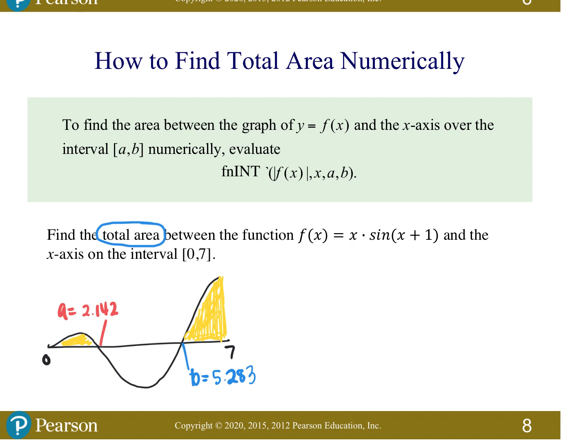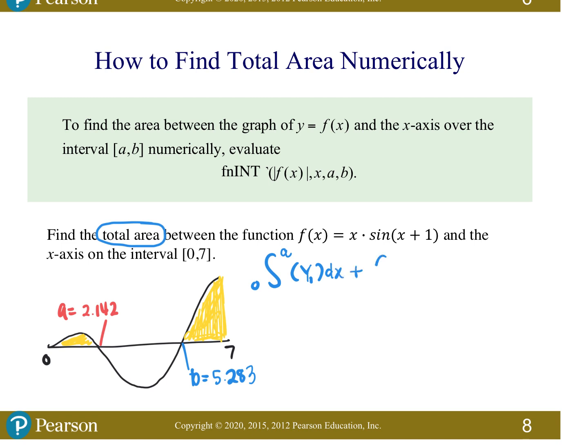Which integral needs to have absolute values? The one going from 2.142, A to B. Okay, so in our calculator, all on one line, you can type 3 math 9s in a row. We can do a math 9 that's going to go from 0 to A, and then y1 dx.